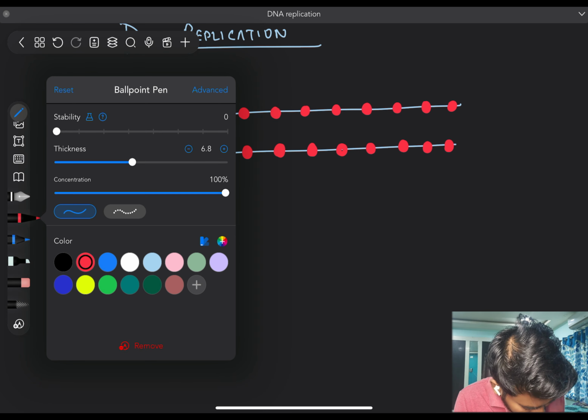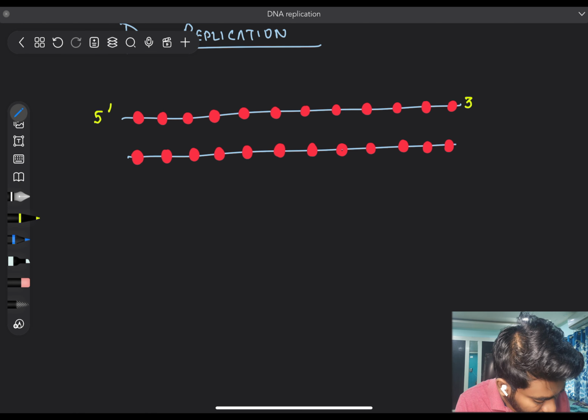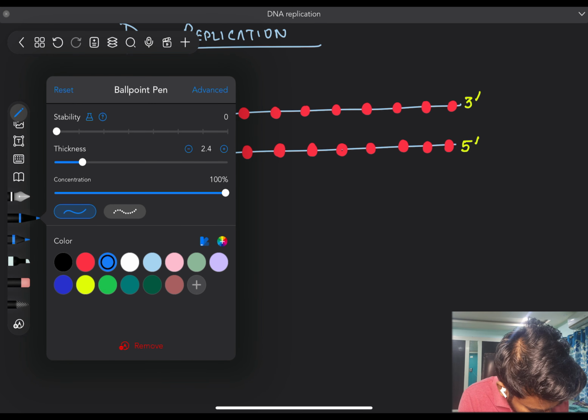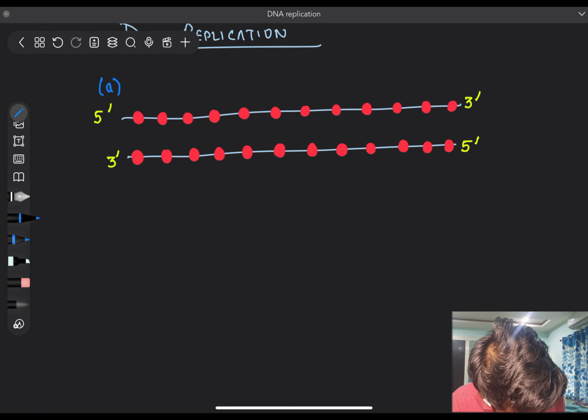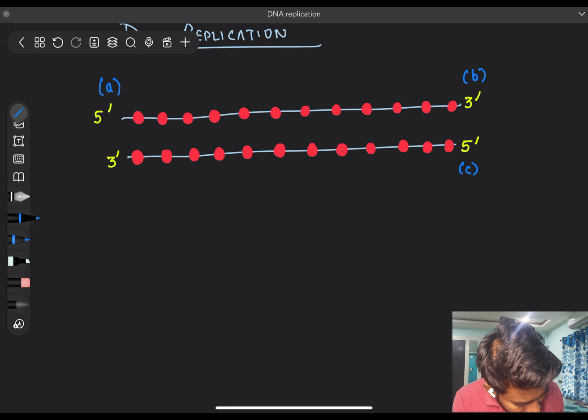Now this is the 5' end, this is the 3' end, and this is the 5' end, and this is the 3' end. Let me consider it as A, this is B, this is C, and this is D. I am giving the index here.